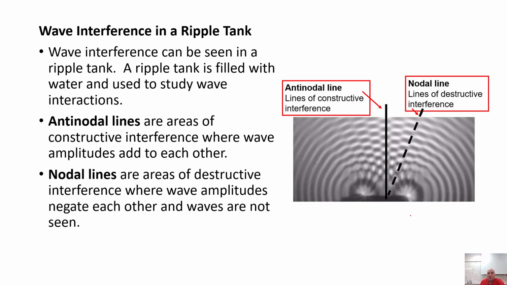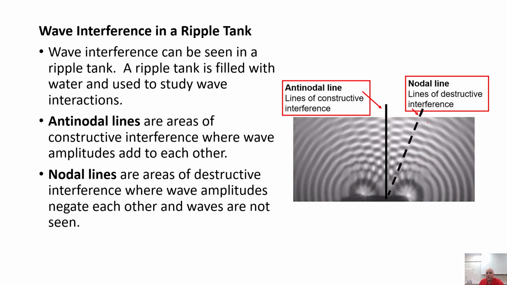Okay, and then now when we have waves created in water and ripple tanks, we can see these areas of interaction where there's constructive and destructive interference. And there's going to be areas where it appears like if you take a look right here, it looks like there's less going on, like right there in the middle between these spots. Well, that's going to be a nodal line where there looks like there's no wave because there's destructive interference.